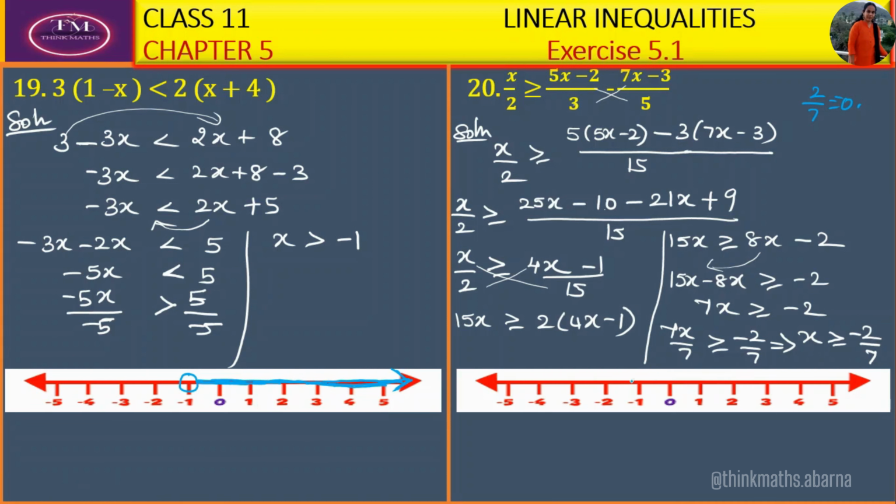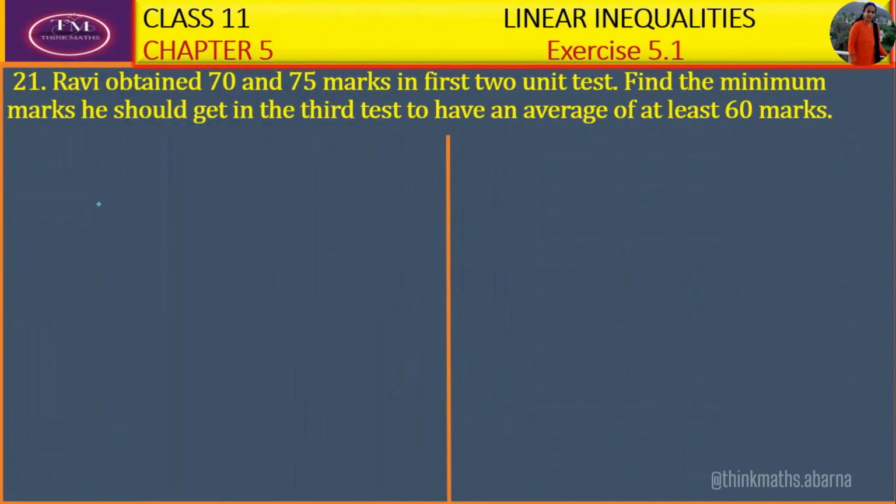So we should put a shaded circle here. As it is greater than, move towards the right side. Greater than means we should move towards the right side. Okay, so this is the way of representing it in a number line or a graph. Clear, children? Okay, so moving on to the next problem. These are all statement or word problems.